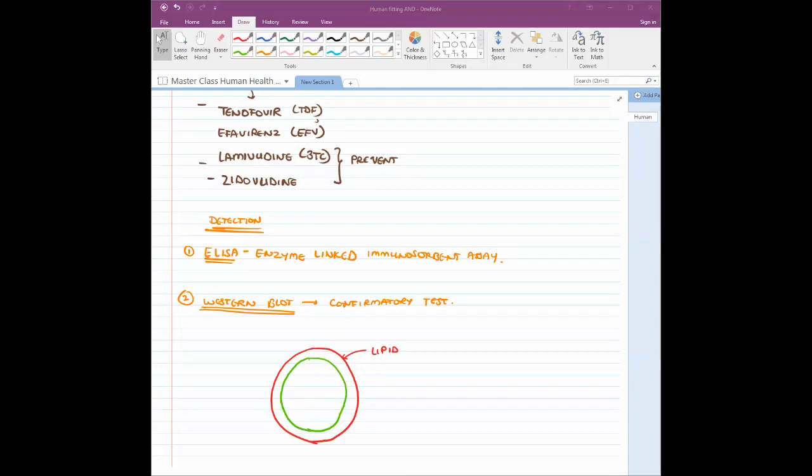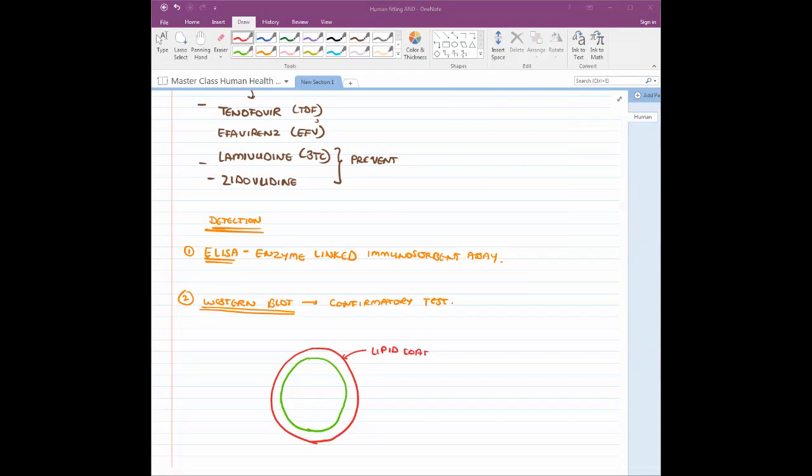Now the lipid coat, guys, is going to hold inside two more things. Inside this it is going to hold two more codes, but the two codes are going to be your protein codes.